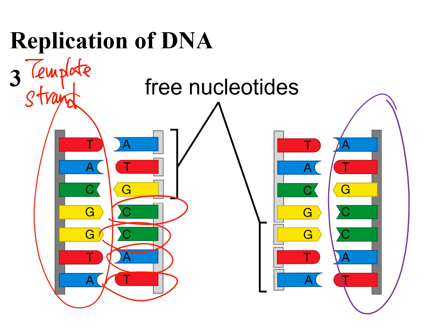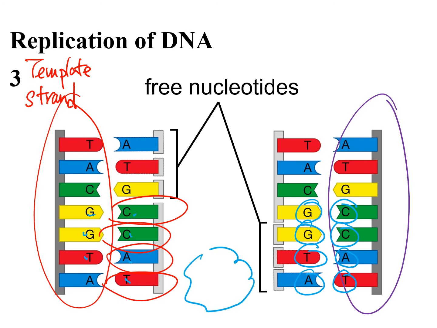Their sticking is according to the complementary base pairing, such as A matches with T, A matches with T, G matches with C, G matches with C, etc. After they are linked together, A and T, A and T, G and C, G and C, the enzyme that I just mentioned, the DNA polymerase, is going to join up the nucleotides one by one.